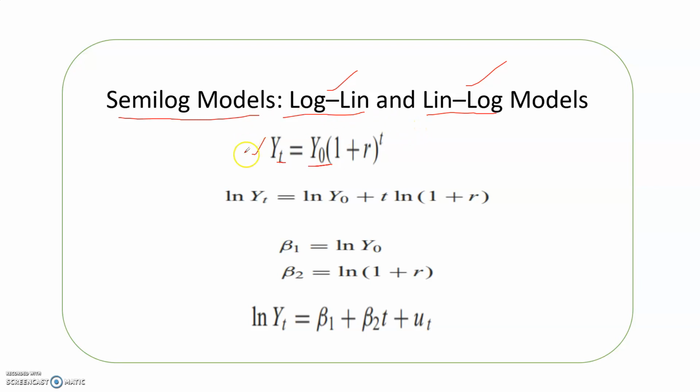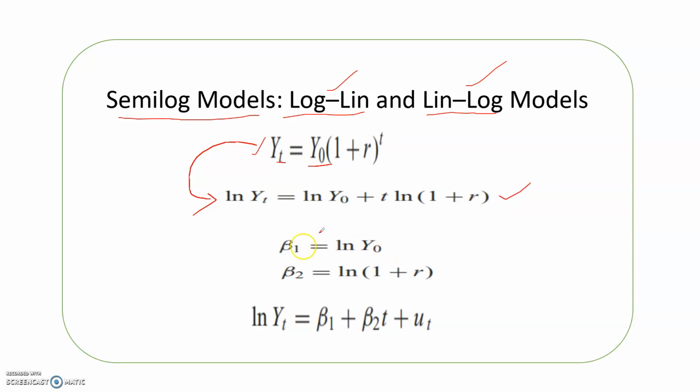So this whole thing is the formula of compound interest. If we write this formula in log form, natural log yt is equal to natural log y naught plus t natural log 1 plus r.